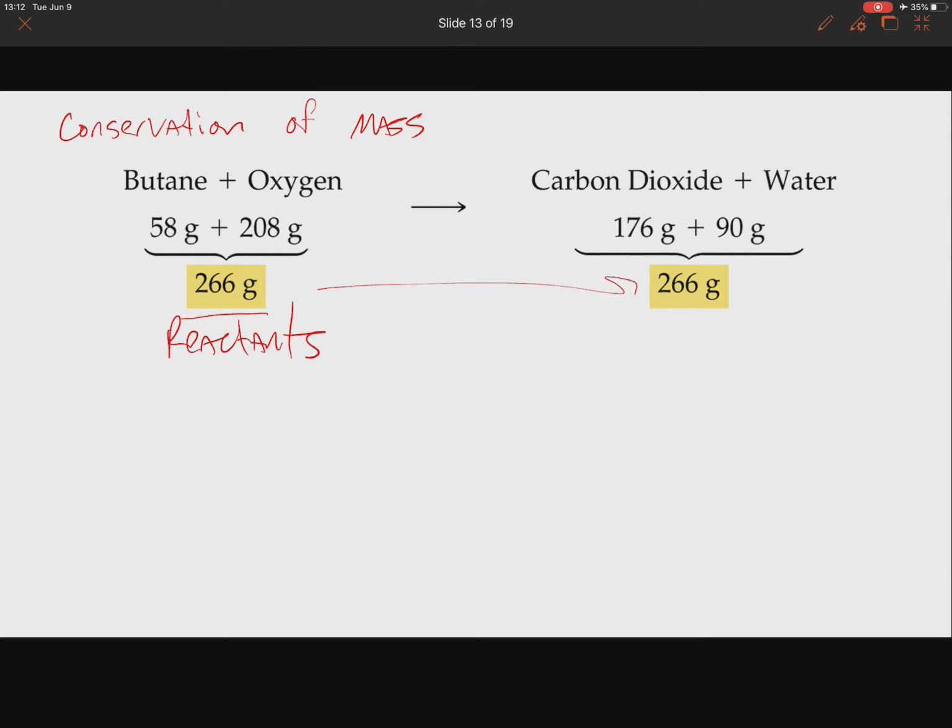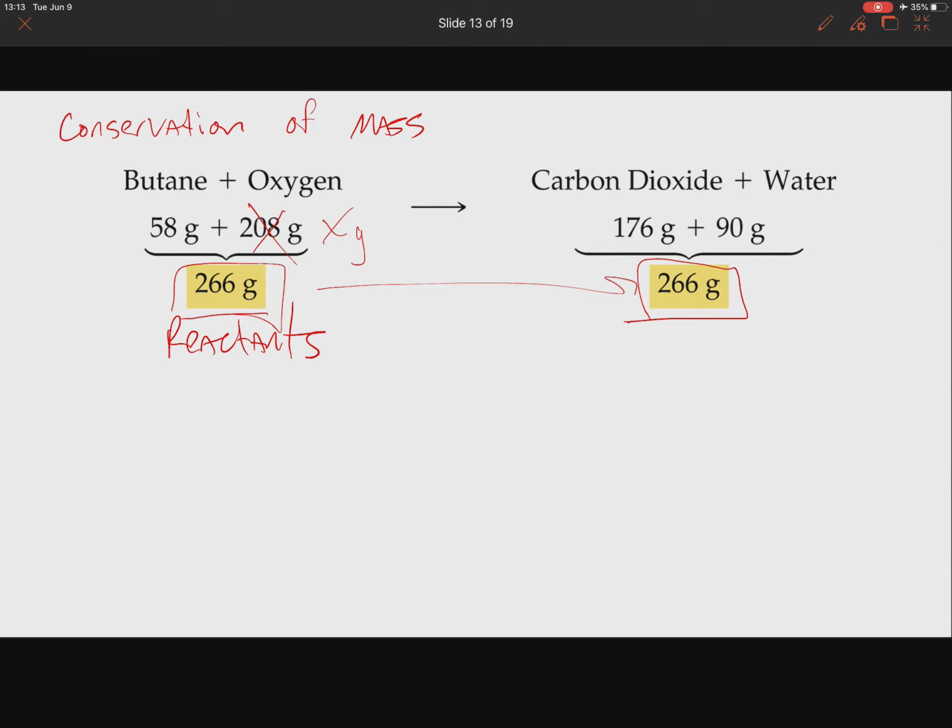This is a typical problem that I like to give you guys. I like to just leave one of these values out. I'll say 58 grams of butane reacts with X amount of oxygen to form 176 grams of carbon dioxide and 90 grams of water. How much oxygen was there in this reaction? And you just add up the one side and then figure out what you're missing from the other side. Easy peasy.